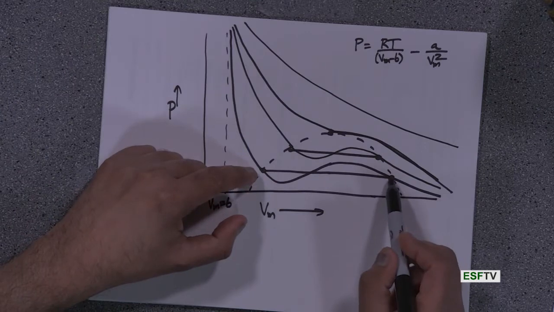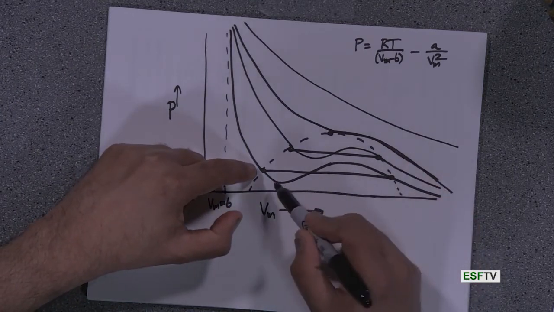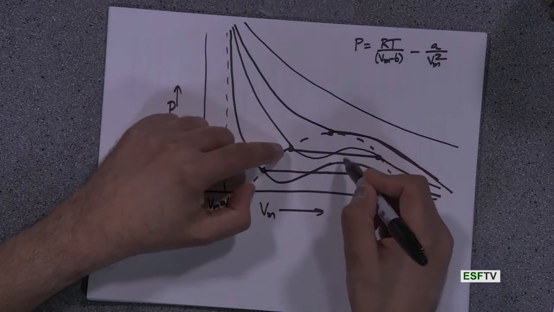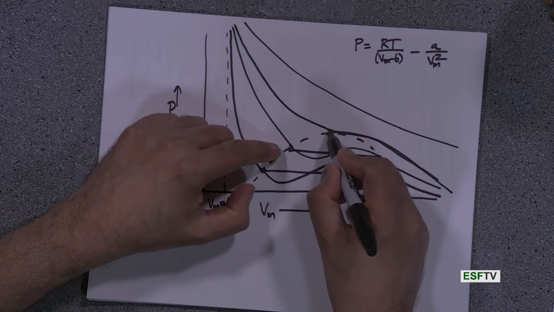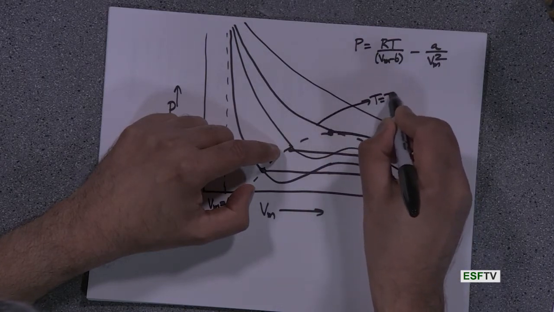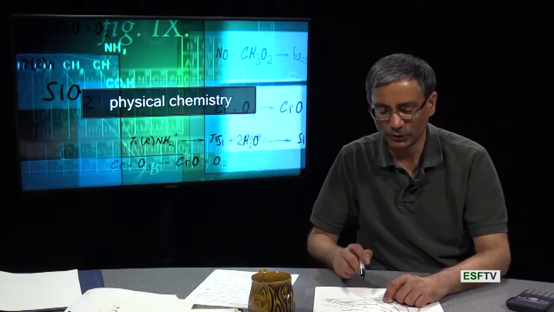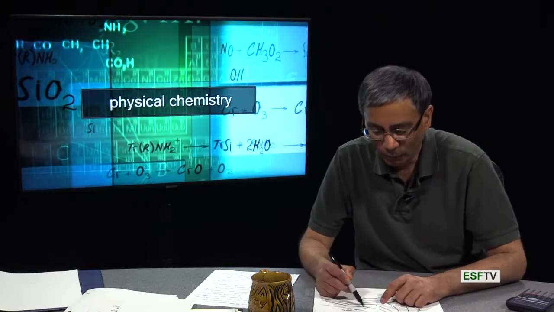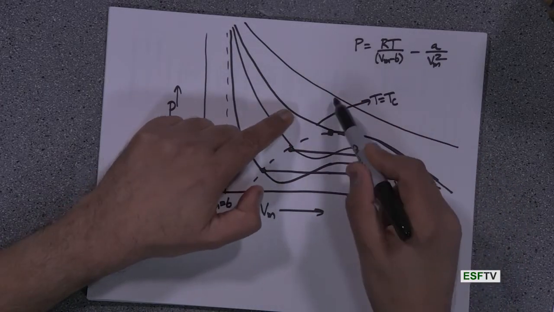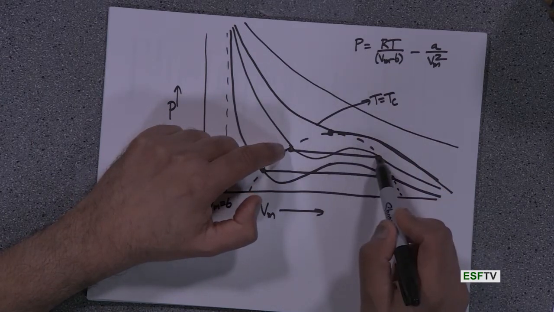As the temperature rises, the trough and peak get narrower and closer to each other, until that isotherm corresponds to what we call the critical temperature. How do we know it's the line at the critical temperature? What distinguishes it from either this one or this one is what happens at this pair of points.